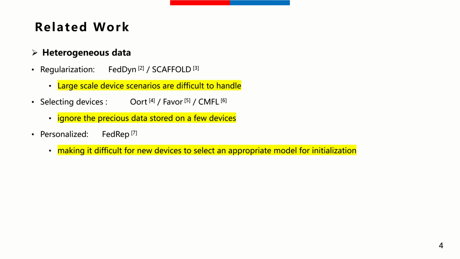The last aspect is personalization. It means that each device has its own model, including FedRep and others. However, this method makes it difficult to select an initialization model for new devices.